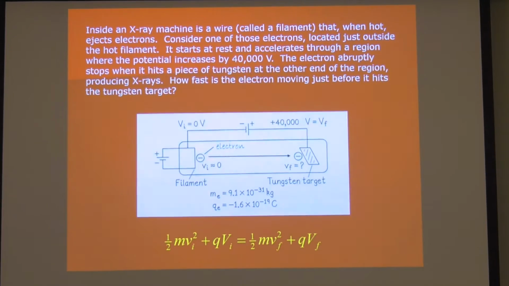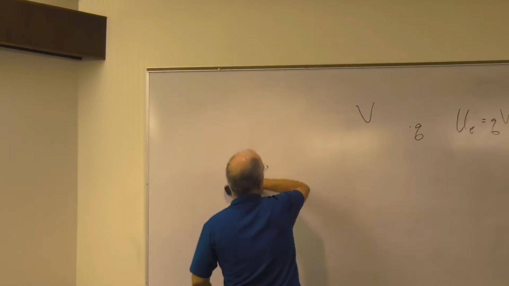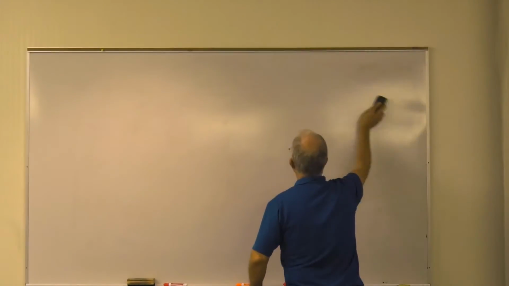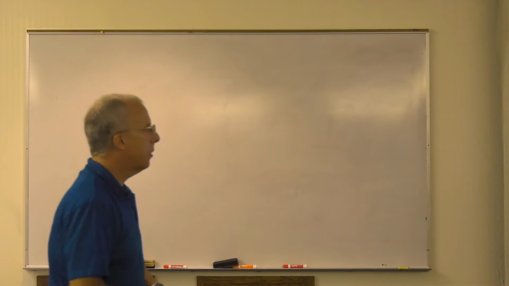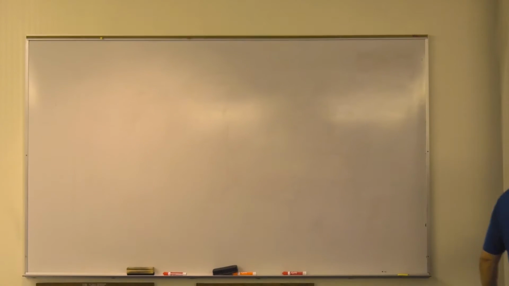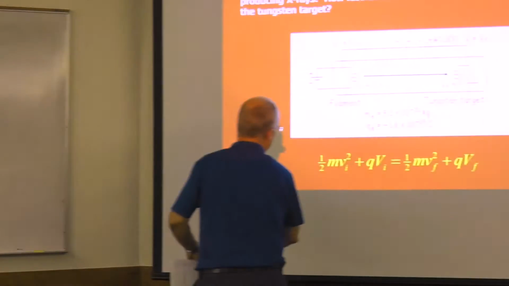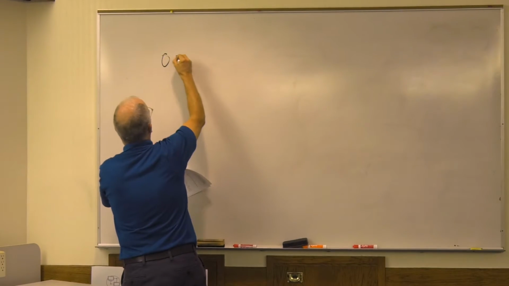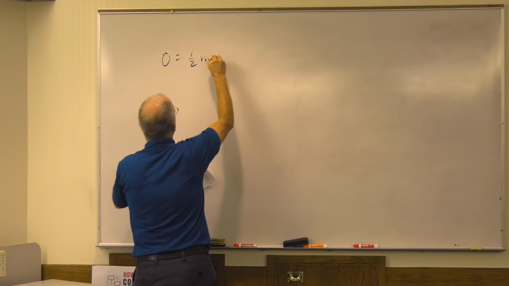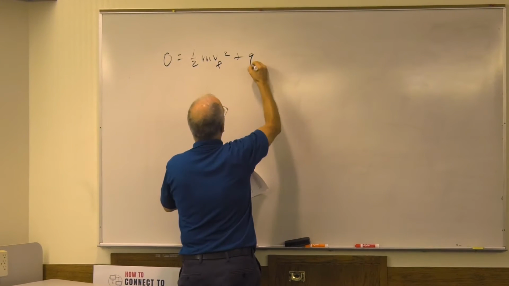Okay, let's solve it. The initial velocity is 0. The initial potential is 0, so this is all 0. So we have 0 equals 1/2 m v final squared plus q V final.